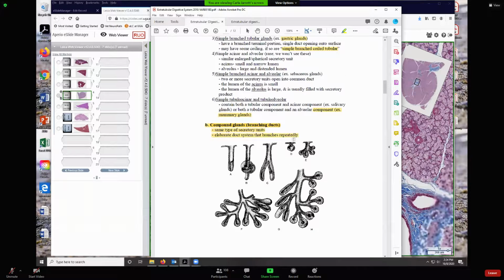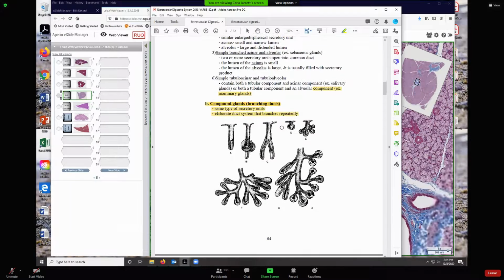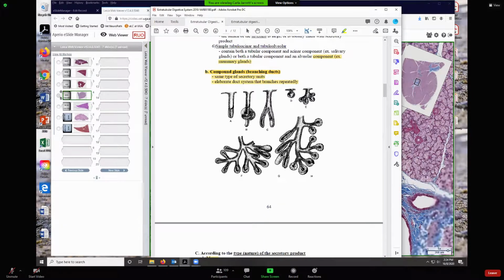Today we're going to be looking at compound glands, and these can still have similar shapes to their secretory units, but they'll be stuck on the ends of the ducts that branch. So for example, what we'll see today, this is representing a duct and it's branching here and here and here. Then we've got a tubular portion and an acinar. And acinus means round, acinar means round.